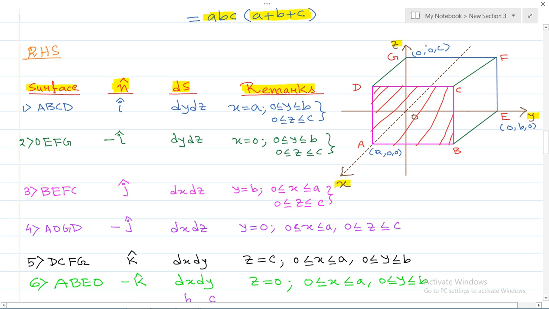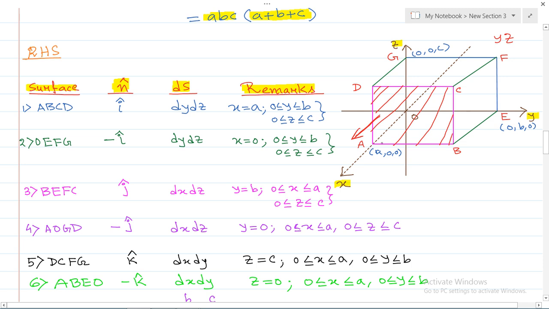So at the back side, the plane parallel to this ABCD surface is the YZ plane. Since it is parallel to the YZ plane, the outward drawn normal from this surface will be along the x-axis, outward drawn unit normal along the x-axis.